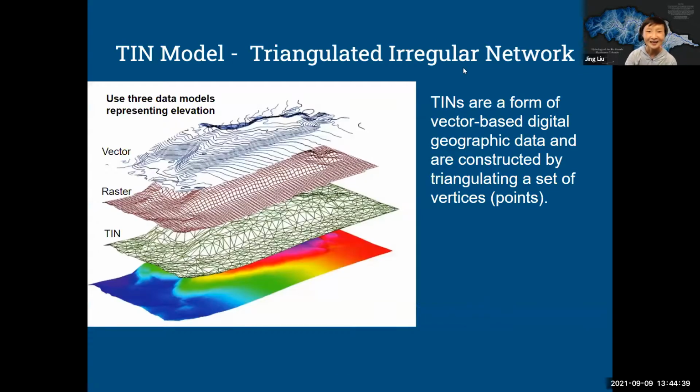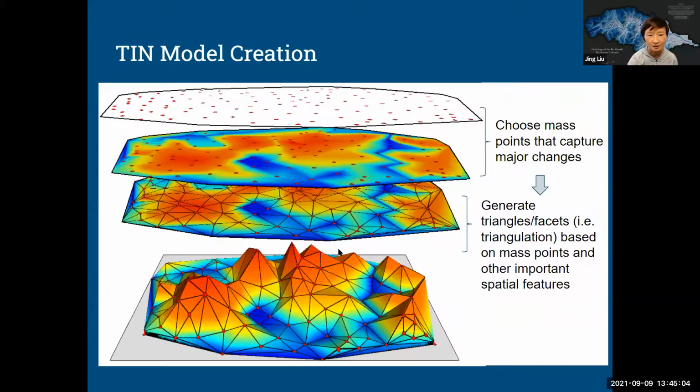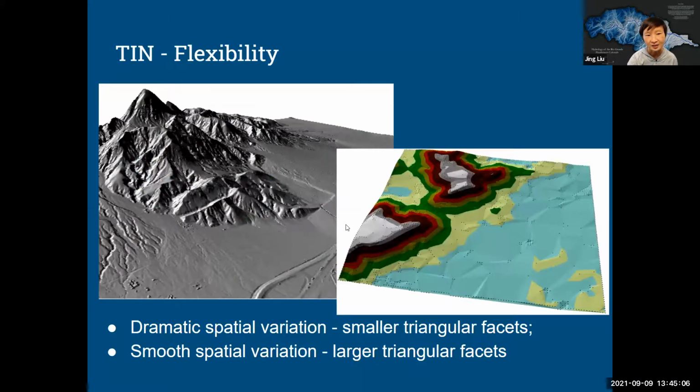Okay, and the TIN model represents a triangulated irregular network. So you can see one of the downsides of the raster data model is the file size could be very large. Why? Because we use a fixed size for that pixel, right? So what if you have this area, very flat.